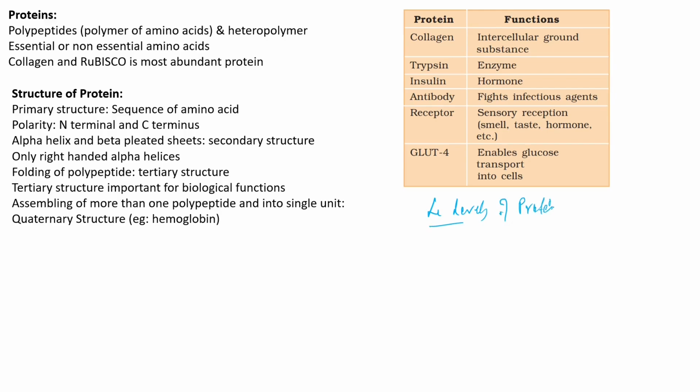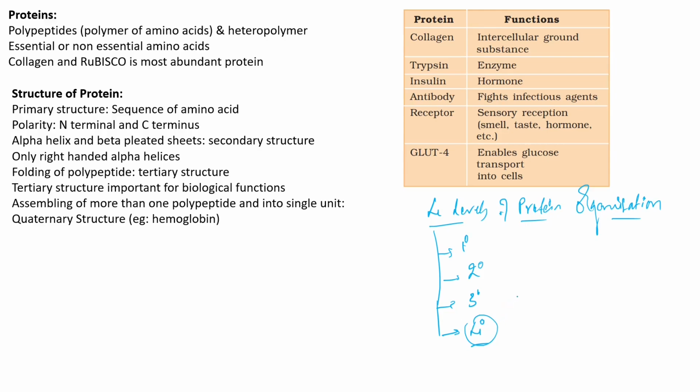The four structures we have to consider are the primary structure, the secondary structure, the tertiary structure, and finally the quaternary structure. The quaternary structure is the highest level of organization.